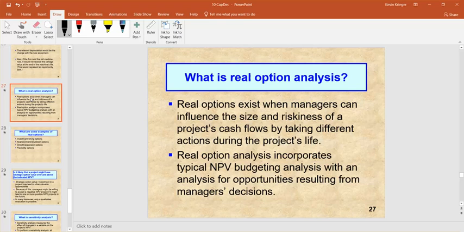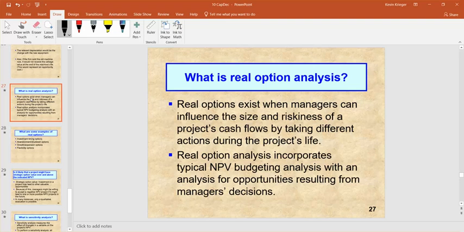The idea is real options take into account that in the real world, if you're in the middle of a project and you're getting feedback that, hey, this is going even better than I thought, or hey, this isn't really working out, we're not selling as much as we thought we were going to sell, if you get information as the project has commenced, you don't have to just sit on your hands forever and hope that your cash flow estimates come out the way you were thinking. You can change tack if you need to.